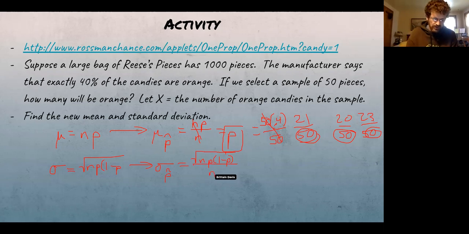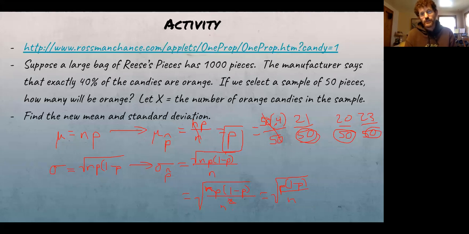When I rescale this by dividing by n, I can put this all under the same radical, n times p times 1 minus p. And when I bring n under the radical, I have to square it. So it's n squared. Hopefully you can see algebraically what's going on. The n up top and the n down below will cancel out. We're left with p times 1 minus p divided by n, and then the square root of all of that.